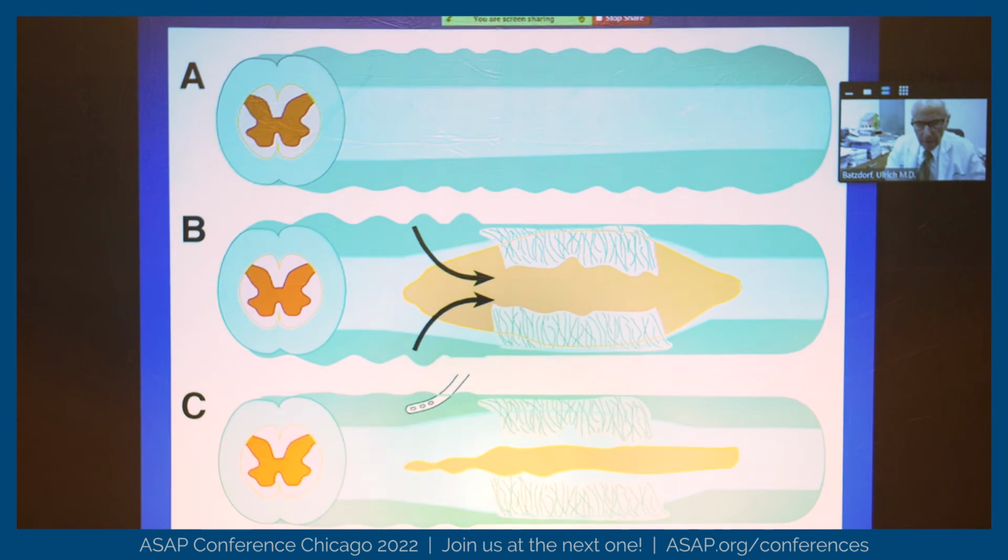Next. And this is just an artist's diagram to show how, as you see in C, diverting the fluid away from the scar allows the syrinx to get smaller. And in this particular patient who was severely disabled, it made the difference between his ability to manipulate the controls on his wheelchair by hand. Next.